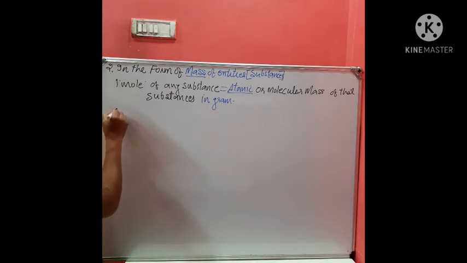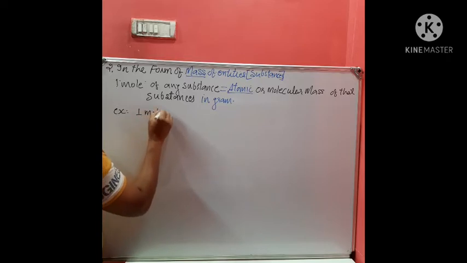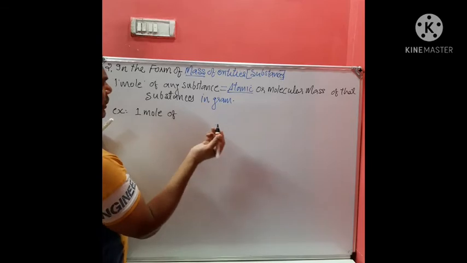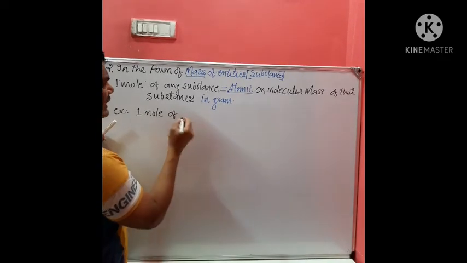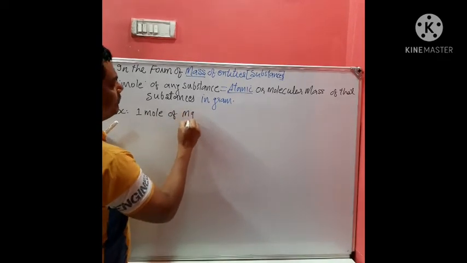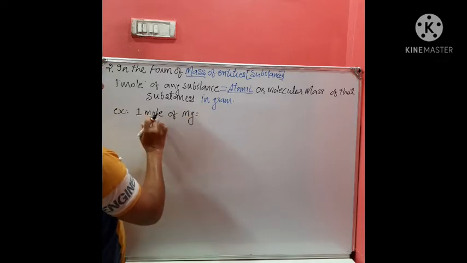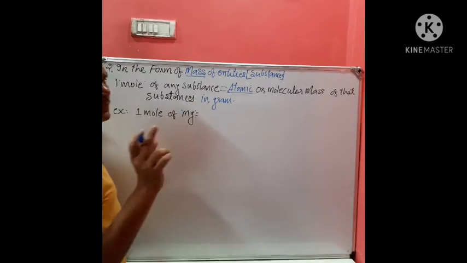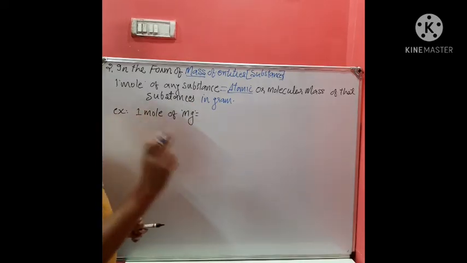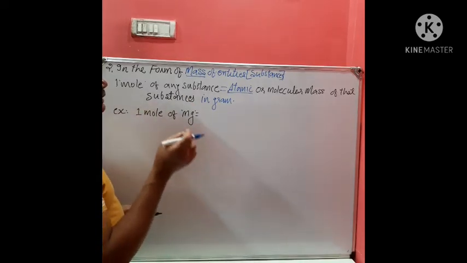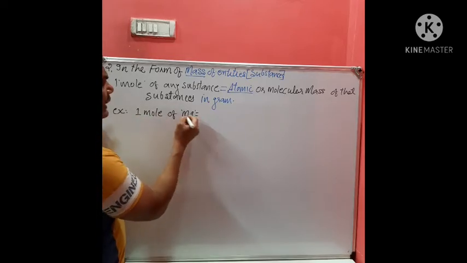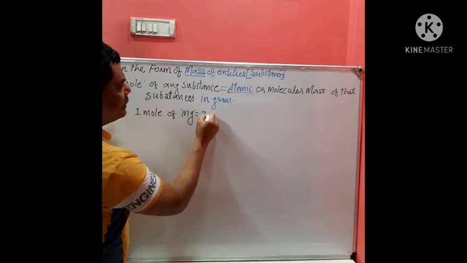For example, 1 mole of any compound or any element, say magnesium. So we will write 1 mole of magnesium is equal to, what is the atomic mass of magnesium? I told you, you must learn atomic mass up to 30 elements. So we know that its atomic mass is 24.